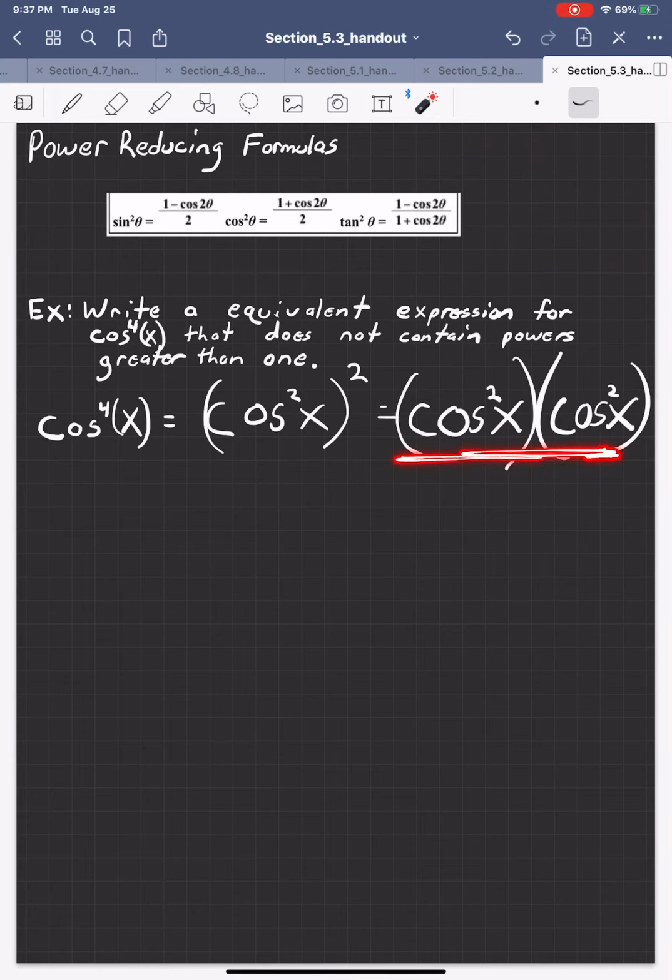All right, so in this case, the reason why we start there is because notice I have a power reducing formula for cosine squared. In other words, whenever I see a cosine squared, I can rewrite it as this. So we are actually going to be placing (1 plus cosine double theta) over 2 in here for both of these.